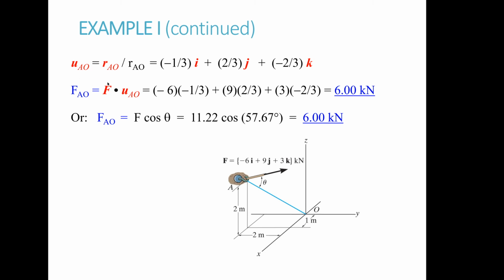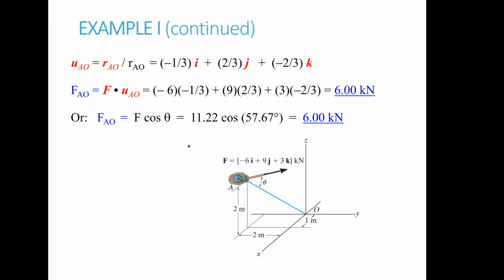We already found this and this, so all we do is plug in the equations we already had into this equation, and this is what you're going to come up with. Then you just do the dot product of this with our F, and here's the result. Here was another way to find that, because we did have an angle and a magnitude, so this is a little bit quicker.